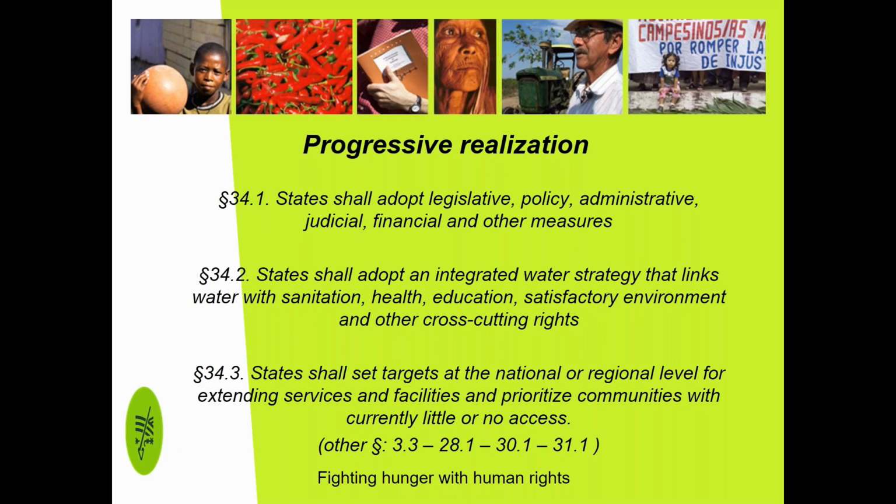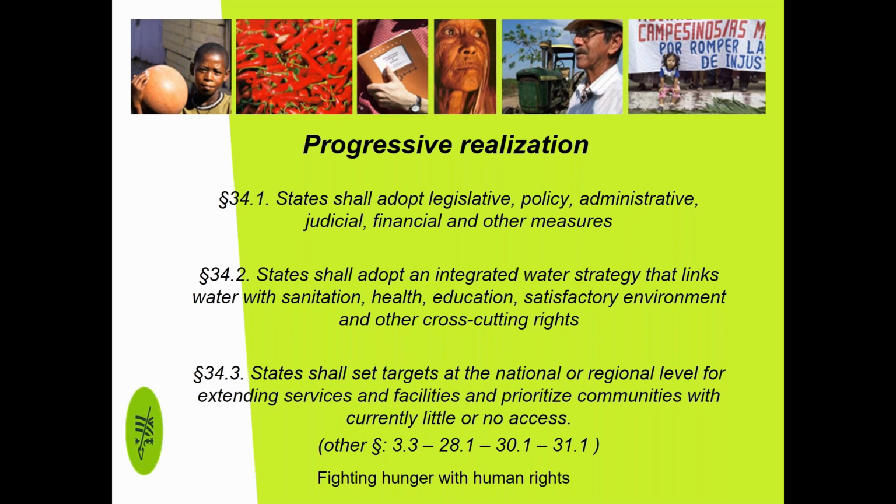So this is why in paragraph 34, point 1, the state shall adopt legislative, policy, administrative, judicial, financial and other measures to ensure that the right to water is implemented.